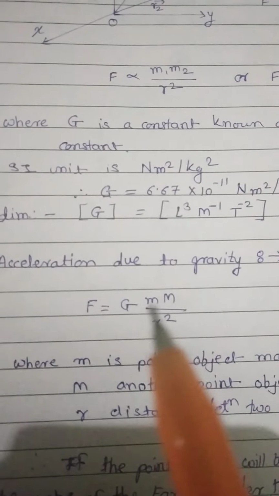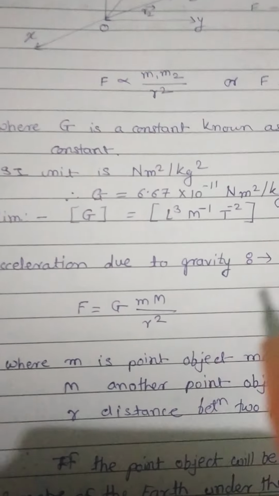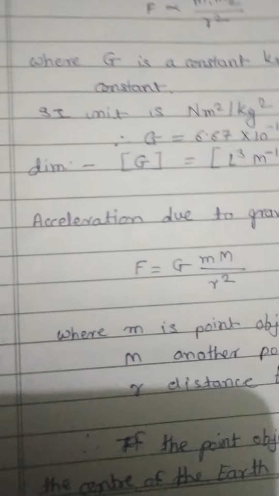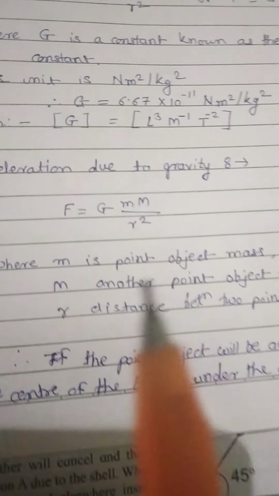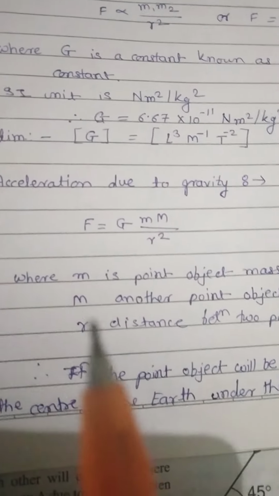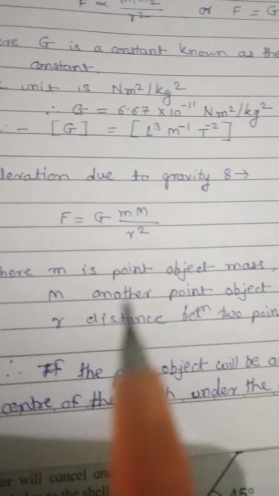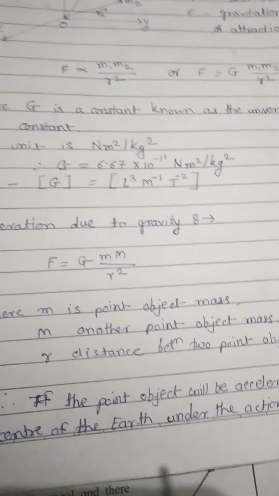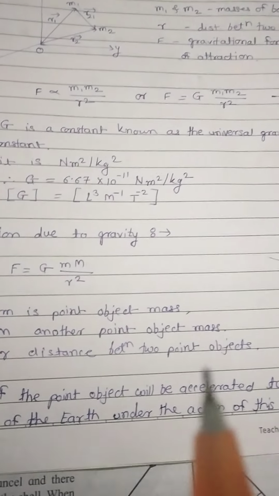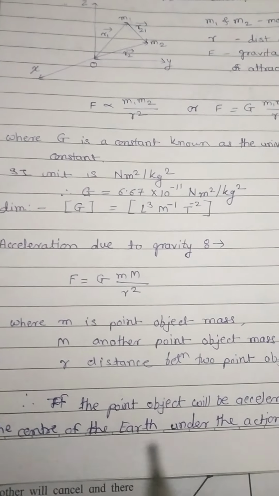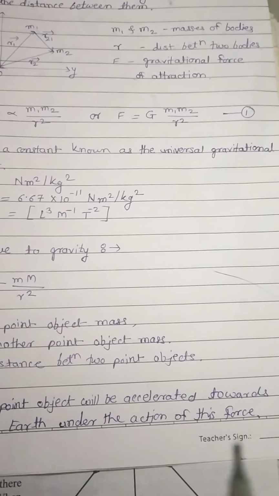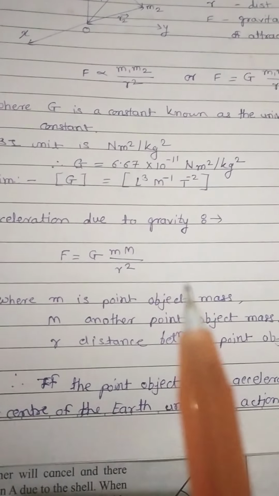So small m is a point object, capital M is another point object of mass, and small r is the distance between the two object points. Therefore, the point object will be accelerated towards the center of the earth under the action of this force.